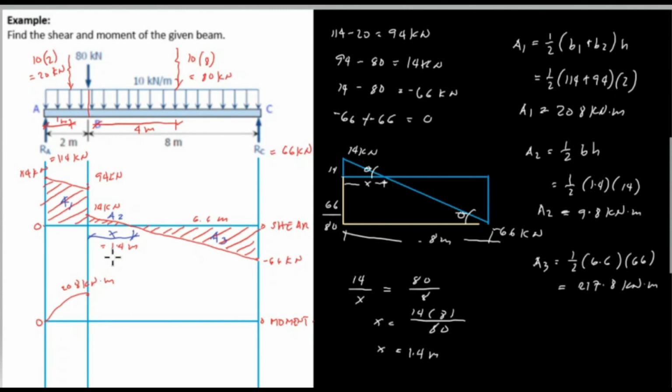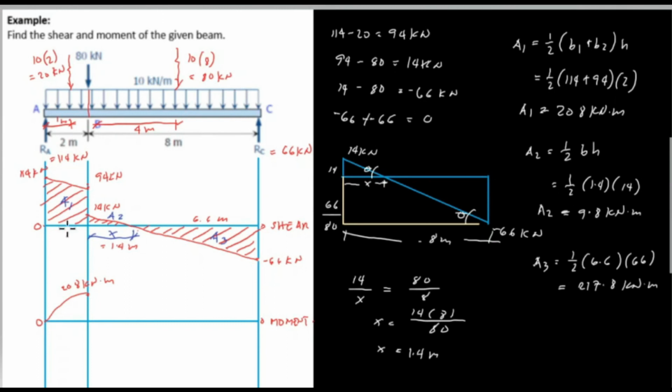Then at area 2, at this point, we have to put a line. Then we have area 2, which is positive, 9.8 kilonewton meter.